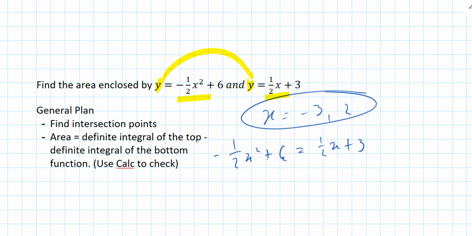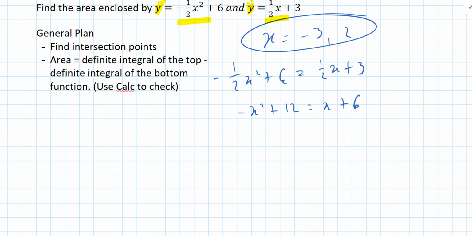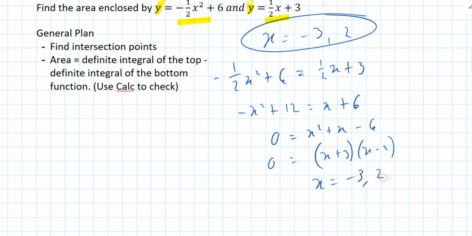From here, I would multiply by 2, minus x squared plus 12 equals x plus 6, and I would then bring everything to one side and put 0 on the other. 0 equals x squared plus x minus 6, then 0 equals factorize, x plus 3, x take 2. You should be quite comfortable with that sum and product factorization, and using the null factor law gives us solutions of minus 3 and 2. Alright, so now we've got the intersection points.